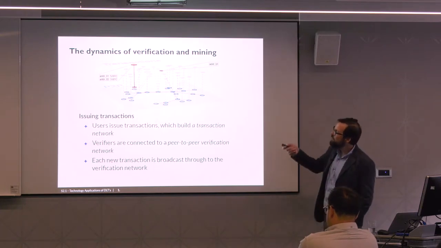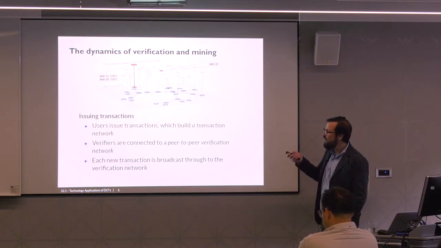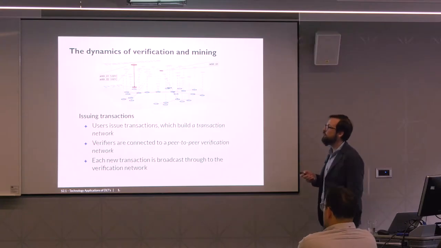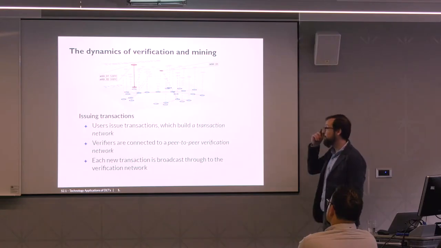You see that in the verification layer, there are some circles that represent the computing nodes that are connected to the verification network, and you have some edges, some links connecting different nodes. These links represent the possible pathways of information inside of the verification network.